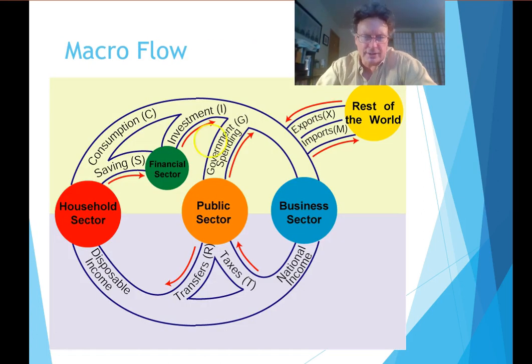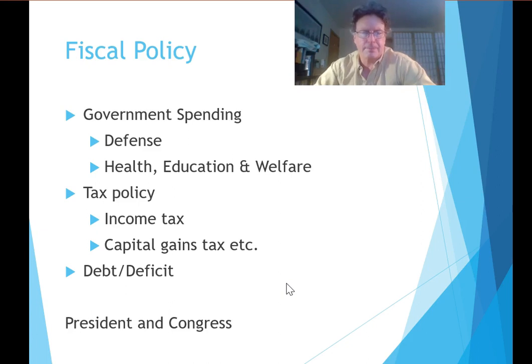So in the flow chart, that's all this G, this spending coming out here. And the taxes and transfers, that's the revenue and what they call tax expenditures for things like Social Security.